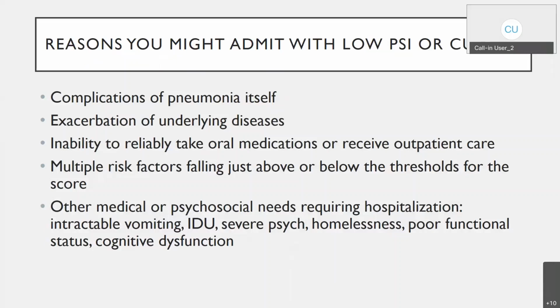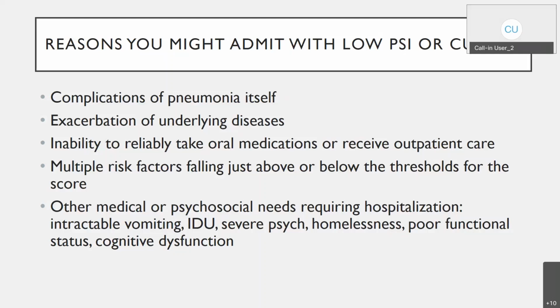Things you might consider admitting someone with a low PSI or a CURB-65 for include if they have a complication of the pneumonia itself. If you're worried about an exacerbation of an underlying disease, like in her case, the COPD. If the patient can't take oral medications reliably or receive outpatient care, maybe they are housebound in a wheelchair or they have a PEG tube and you're worried about absorption.